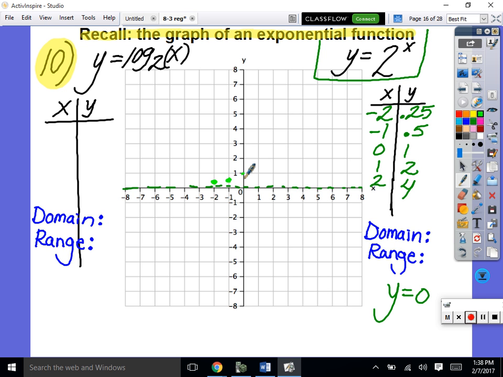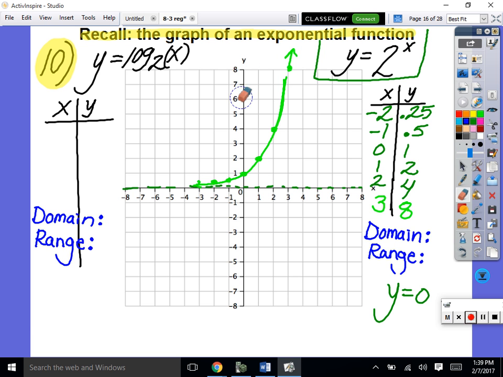Over 0 up 1. Over 1 up 2. Over 2 up 4. So now I can see my exponential growth equation here. Yep, at y equals 0. Yes. Okay, let's plot 3, 8. Perfect. Let's plot that one too. 3, 8. Good idea. Let's plot everything we can.